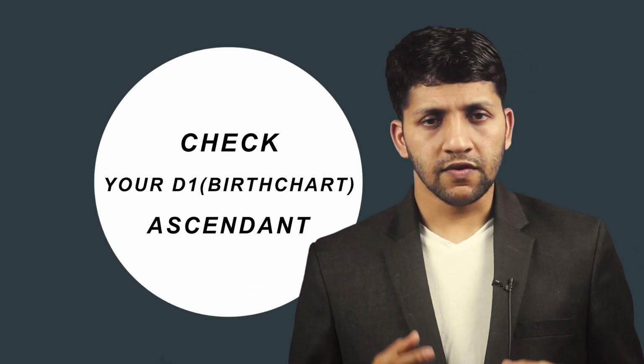The second step is to look for the ascendant. Go to your D1 chart and look for your ascendant. Ascendant is your first house. Ascendant is the anchoring point around which all the houses are anchored.